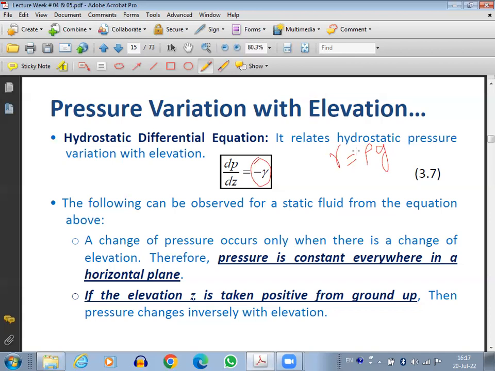Density of water is 1000 kg per meter cube. Density of air is 1. How much is the difference? About 1000 times. So the variation is there, but for our practical purposes it is almost negligible. So for the case of gases, we ignore it. But for the case of liquids, it's not ignorable. So you have a variation in the elevation and a significant change in the pressure would be observed for the case of liquid.